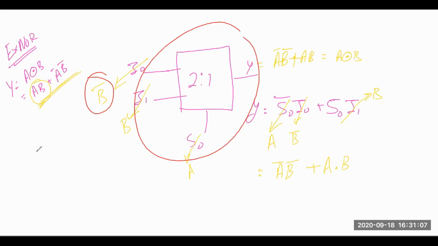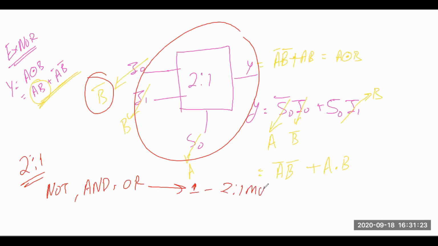Till now, whatever you have seen is the 2 is to 1 multiplexer. If you are designing NOT gate, AND gate, and OR gate, you need one 2 is to 1 multiplexer. And if you are designing NAND, NOR, XOR, or XNOR, you need two 2 is to 1 multiplexers.